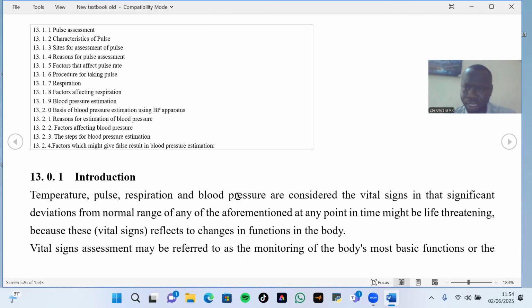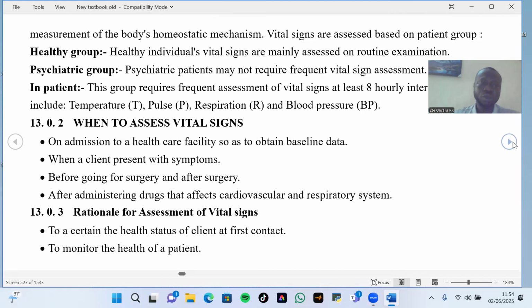So what is vital signs? Vital signs may be referred to as the monitoring of the body's most basic function, or the measurement of the body's homeostatic mechanism. You know that temperature is being regulated by a particular feedback loop. The same way blood pressure, respiration, and all of that.